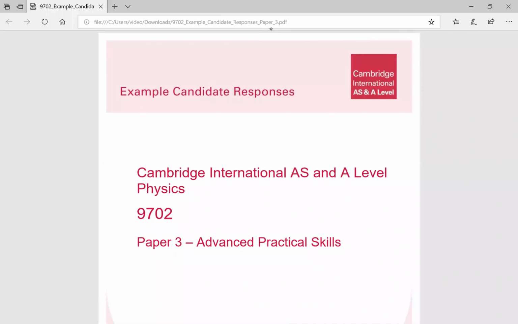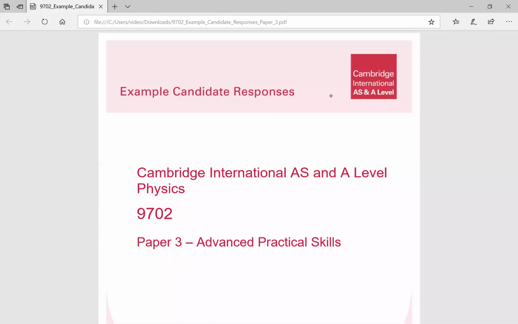Otherwise, what I had in mind for today's class is we can go over paper 3, because I think it is one of those papers that is either not practiced as much as it should be, or there are a lot of things that people don't know as far as solving this paper is concerned.